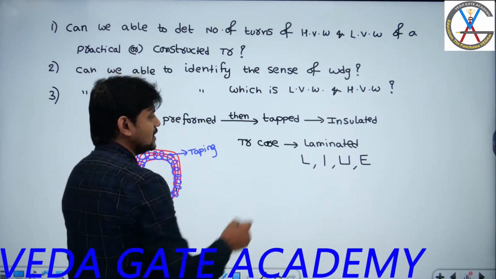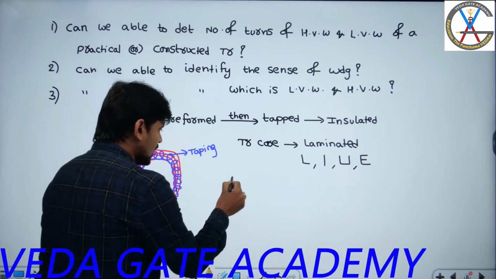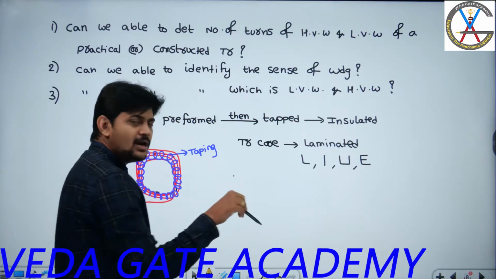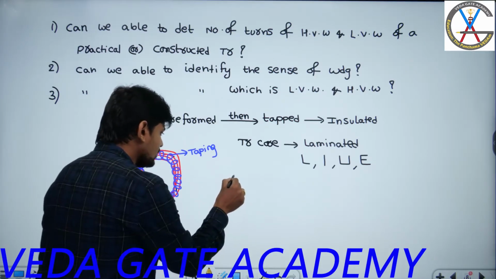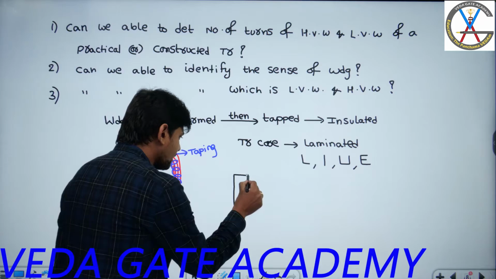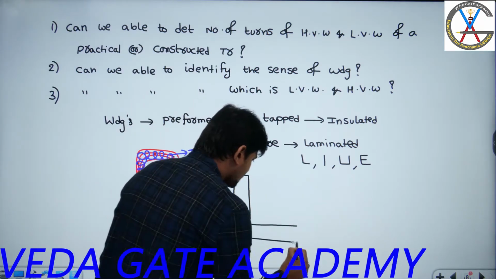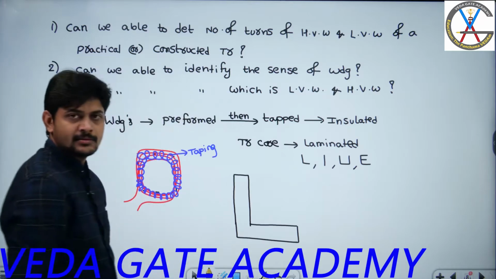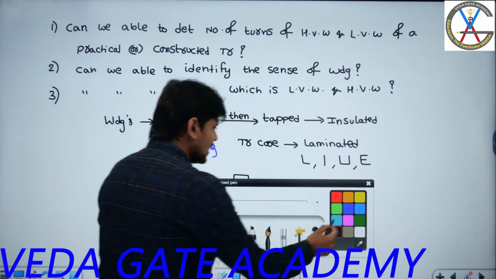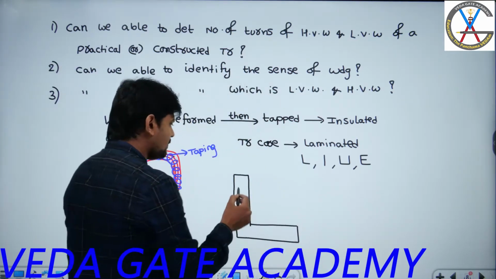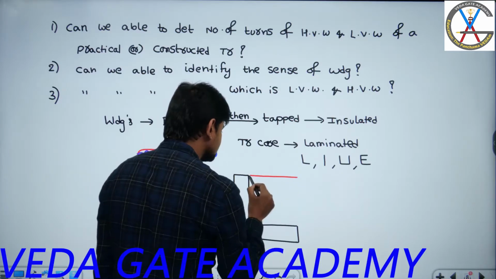Now if we take L-shaped lamination, let us assume I want to build a core type transformer. What I will do is take this one L-shaped magnetic plate, on which I place one more L-shaped magnetic plate in this fashion.